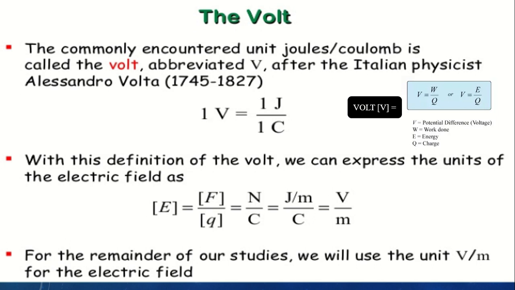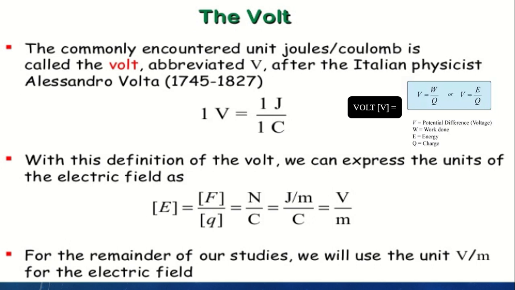The SI unit of work done is joules, and the SI unit of charge is coulomb. So when we convert the work done and charge to their SI units, we can signify it as 1 joule per 1 coulomb. So 1 joule of work has to be done to move 1 coulomb of charge from one point to another point. So this is the basic definition of 1 volt.